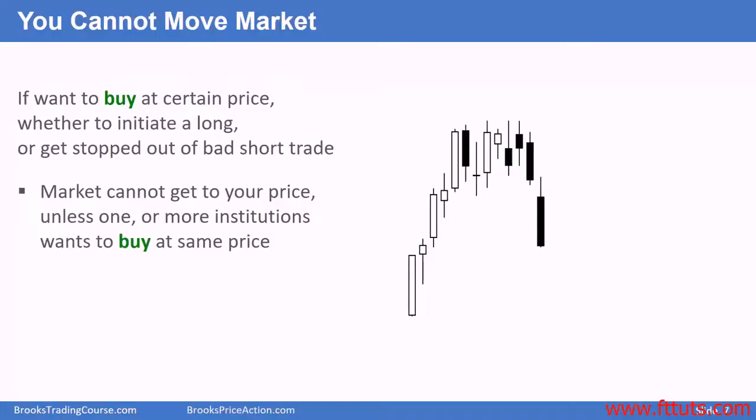And if you're trading 1 lot, 10 lot, or 100 lots, 100 contracts, you're not going to move the market because there are thousands of contracts who want to do the opposite. So you don't have to worry that, oh my gosh, if I buy 10 contracts, the market's going to go up and I'll get trapped and the market will go down. If you trade 10 contracts, the market doesn't care. You're totally nothing as far as the market is concerned.